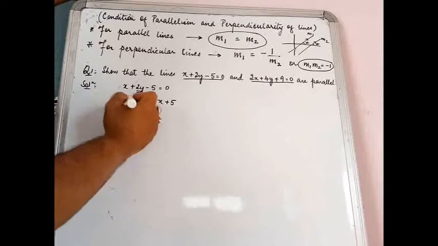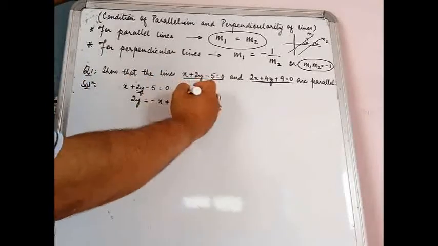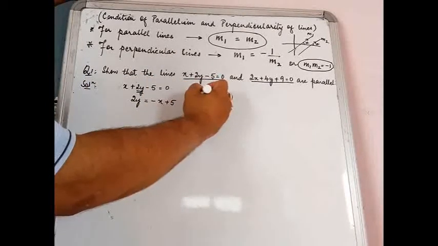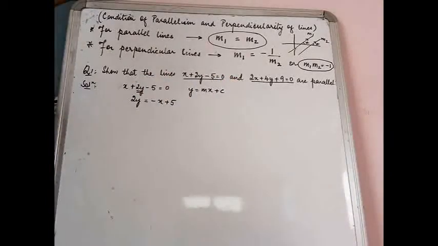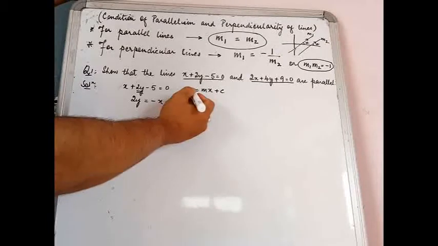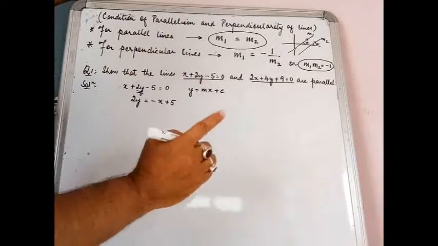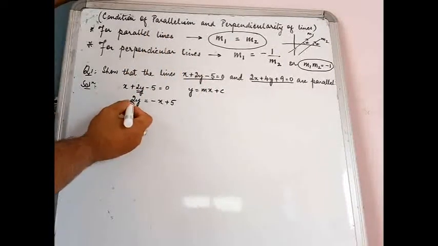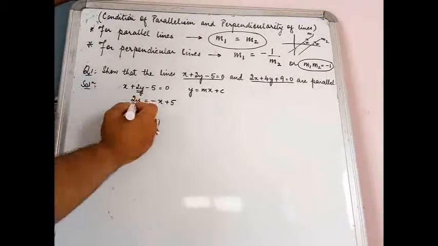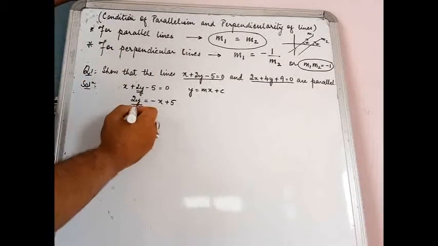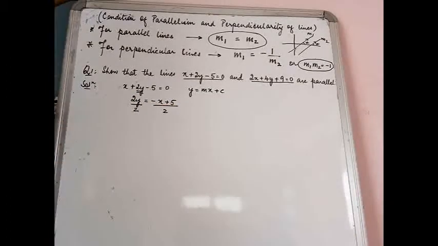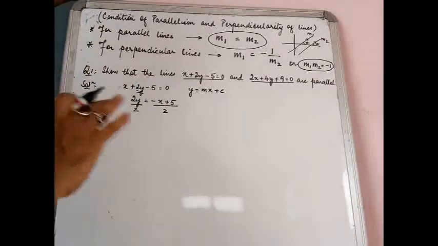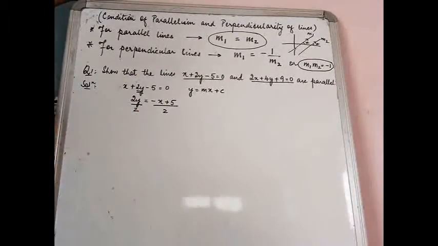Now in the next step, remember, we have to bring this equation into y is equal to mx plus c form. On the left hand side we need to have only y, but here we have 2 multiplying y. So we will divide this side by 2, so we will have to divide the other side also by 2, so that we do not make any change in the original equation.